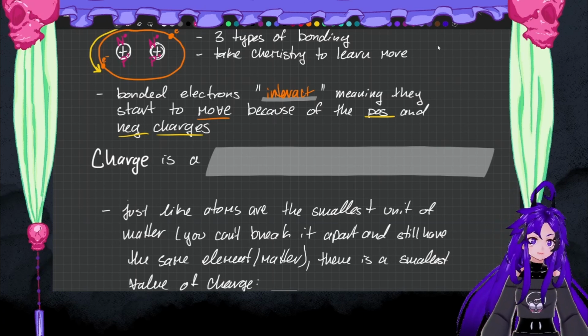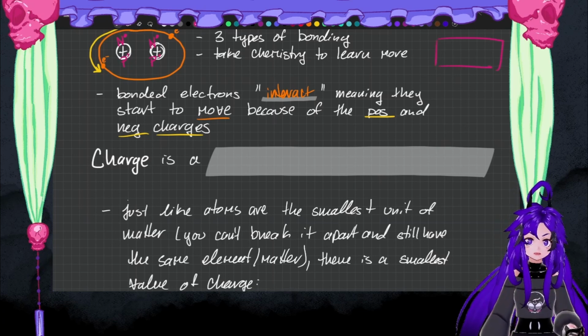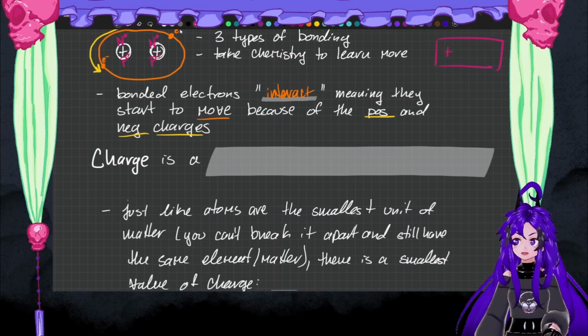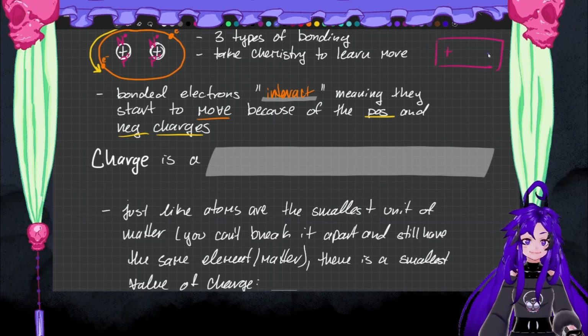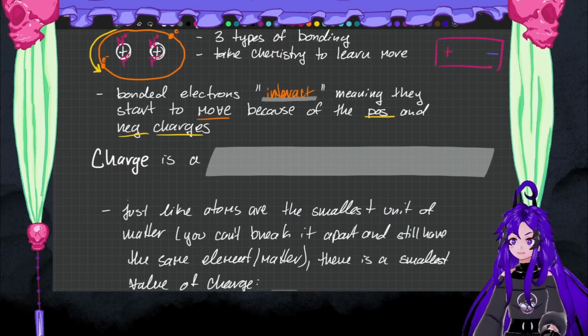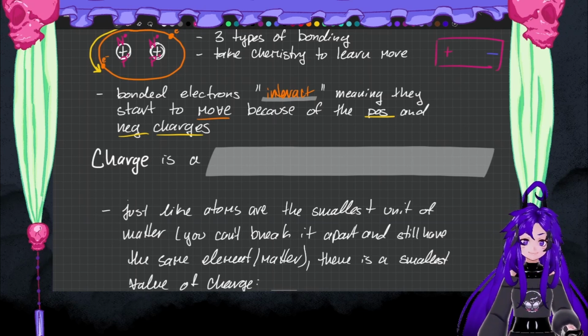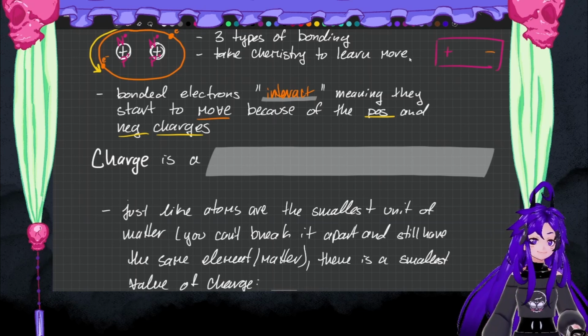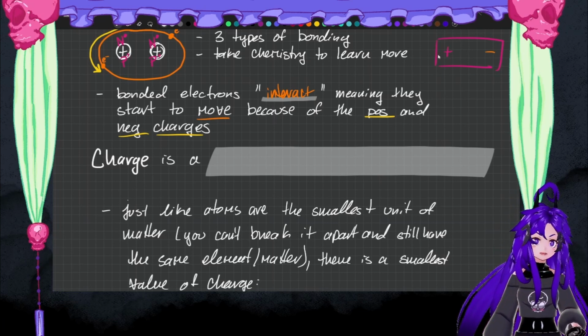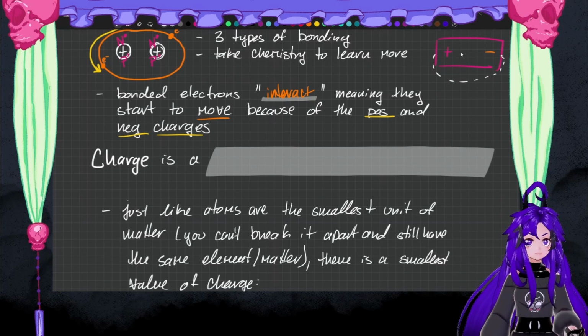So if we were to think about this like a bar magnet, we'd have the positive side and the negative side, and they create a field.